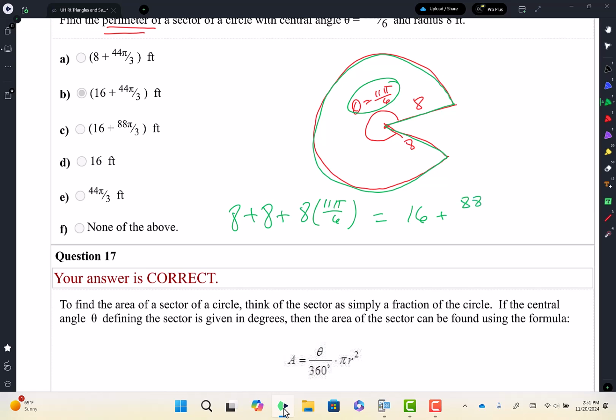I guess I could have also reduced it, because that's a perimeter. It's like if this were a bird's eye view, that's like the fence, right? Like how much fencing you need. 88 over 6 reduces to 44. Oh, I put a plus. 16 plus 44 pi over 3. 2 goes into 88 44 times. 2 goes into 6 3 times. And look for that answer.